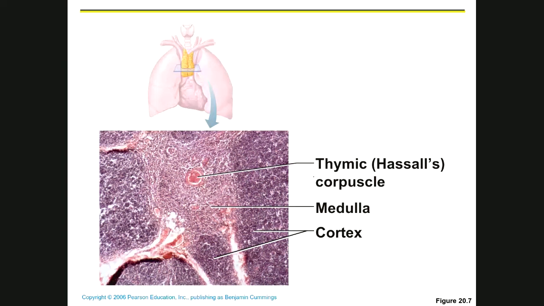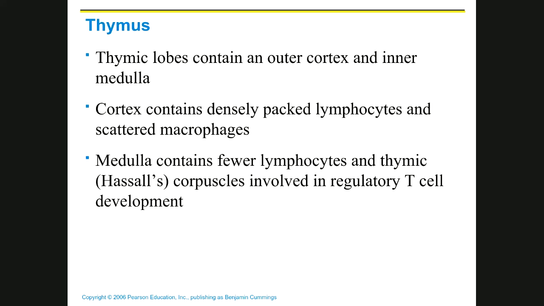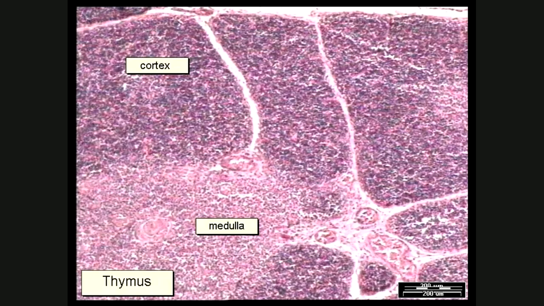Well, if you look at it under the microscope, again, what you see are tons and tons and tons of white blood cells. These are T cells. They're T cells that are maturing. So every purple dot you see there is a T cell. Now, they're not only T cells in there, there are also macrophages and so on.